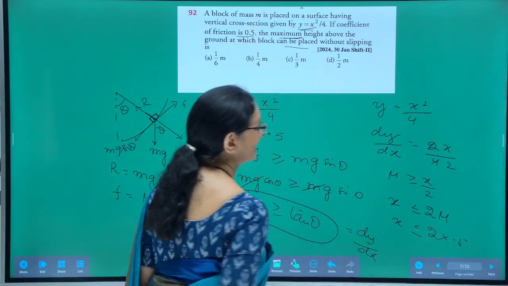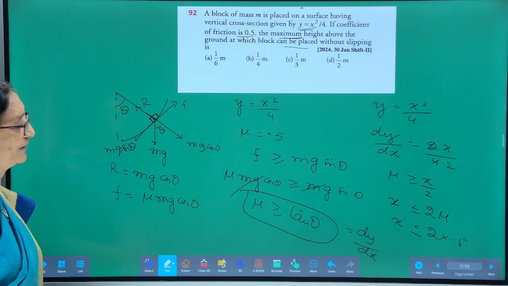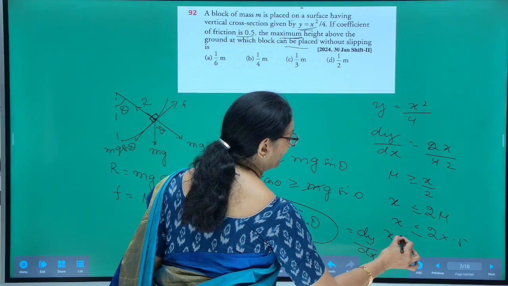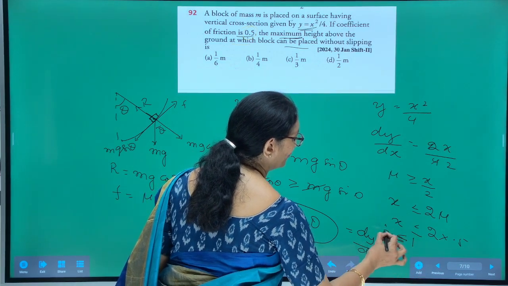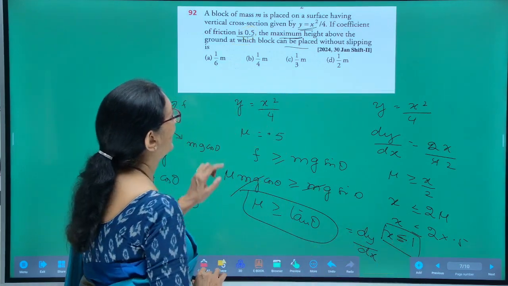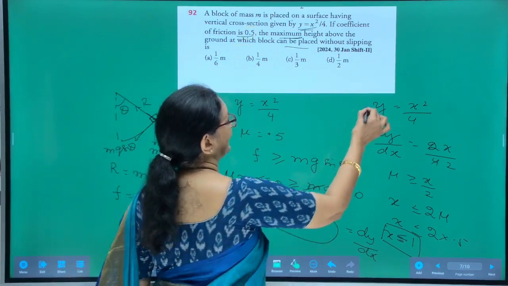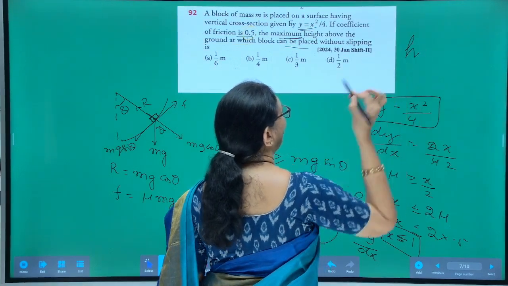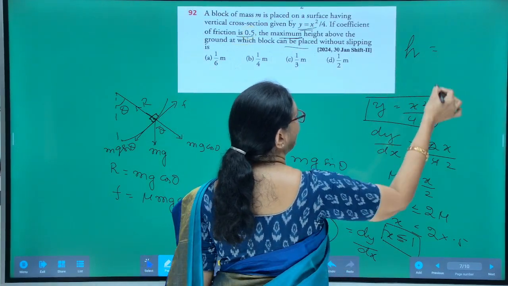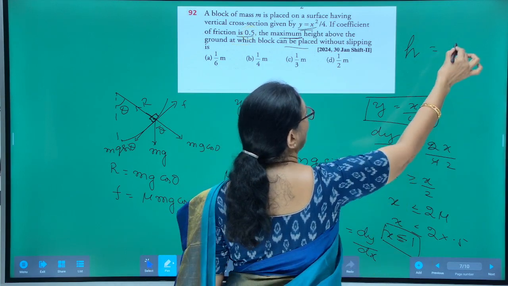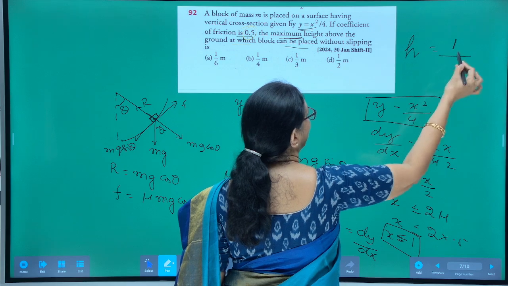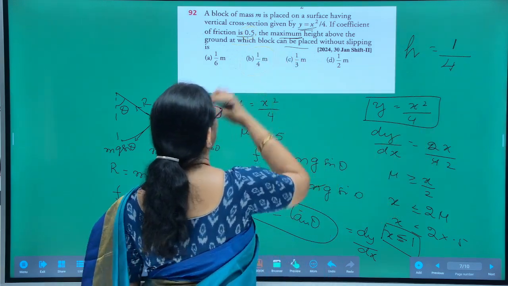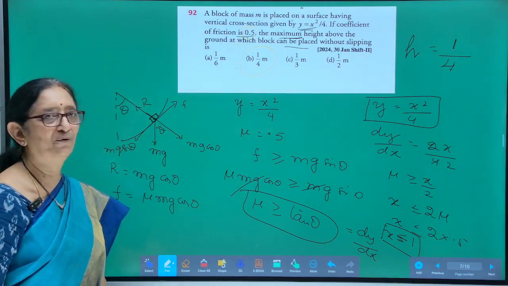So x is less than or equal to 1, 2 into 0.5 is 1. Now substitute that in this expression. So the maximum possible height is taken as h, that is equal to the maximum possible value for x, that is 1, x square by 4, or h is equal to 1 by 4 meters.